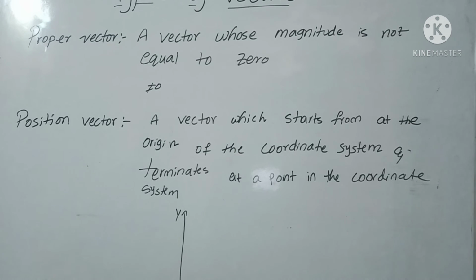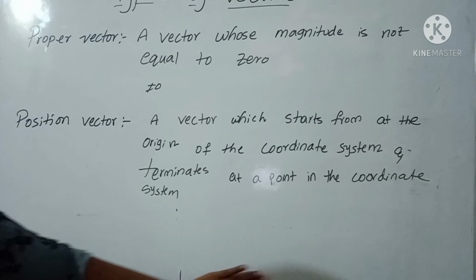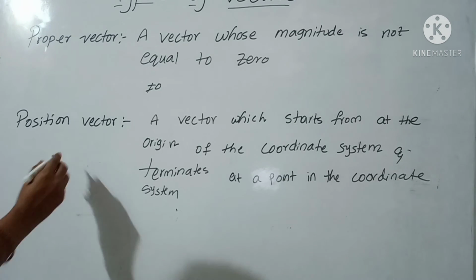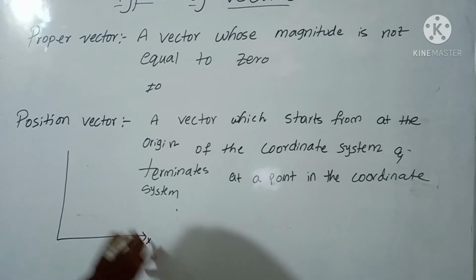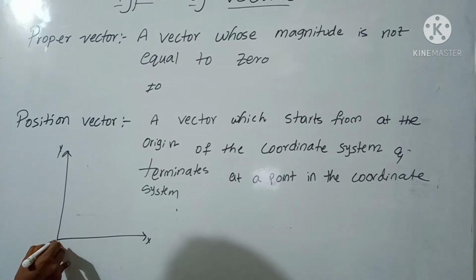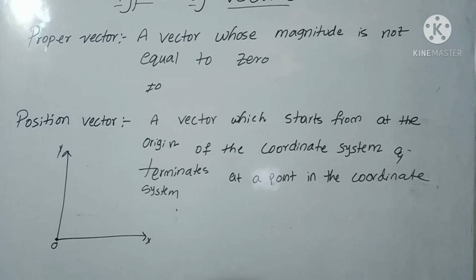Next one, position vector. A position vector is a vector which starts at the origin of the coordinate system. You know the coordinate system x, y and z, 2-dimensional and 3-dimensional. The vector starts from the origin and terminates at a point in the coordinate system. Let's see how to draw that. We take the x-axis and y-axis; this is the origin of the coordinate system.